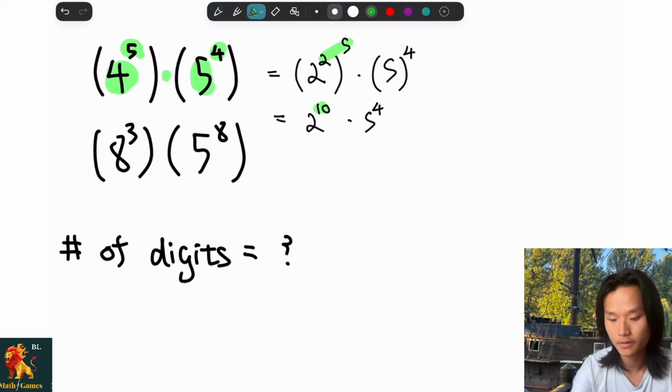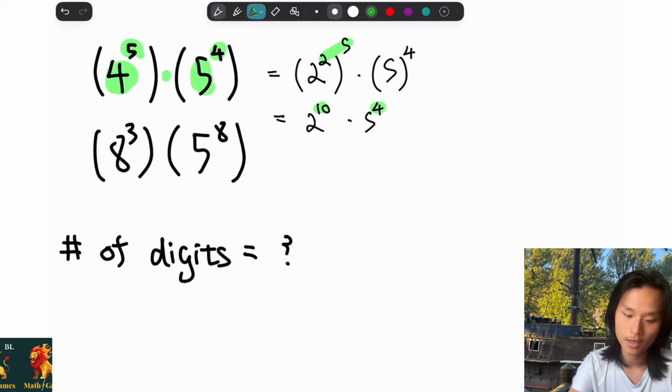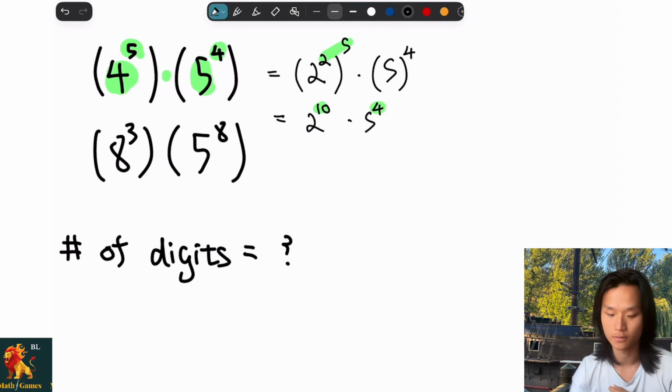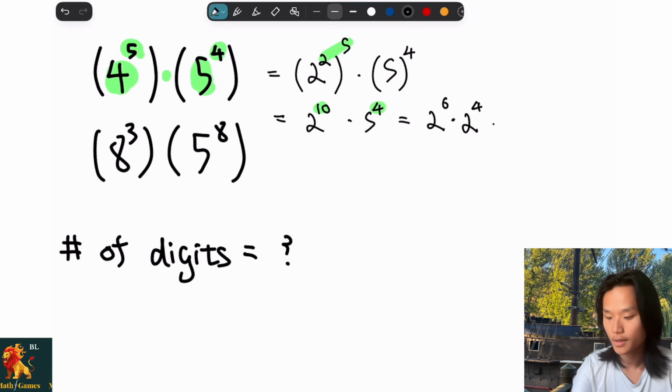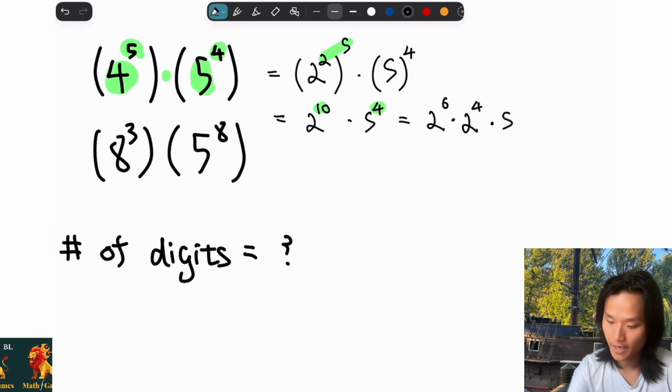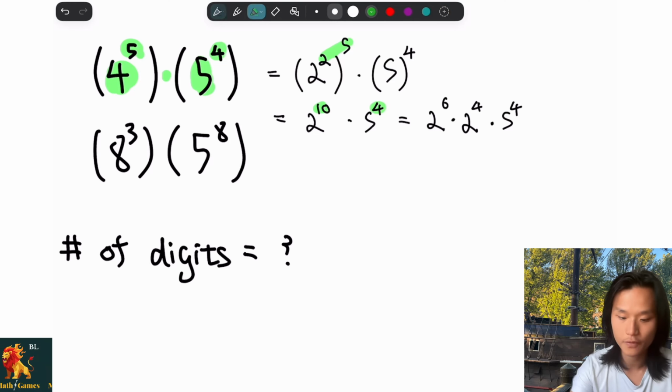At this point, notice that we have two different powers, 10 and 4. And what I want to do is to rewrite 2 raised to the power of 10 as 2 raised to the power of 6 multiplied by 2 raised to the power of 4, and then multiplied by 5 raised to the power of 4.